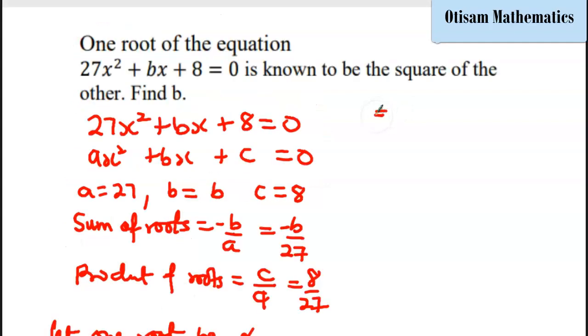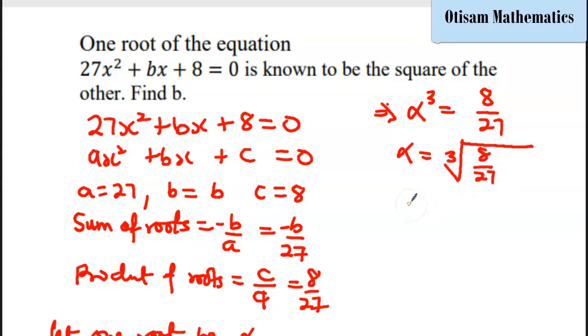So we have alpha times alpha squared is alpha cube, which is equal to 8 on 27. So alpha will be the cube root of 8 on 27, which will be cube root of 8 is 2, and this is 3.